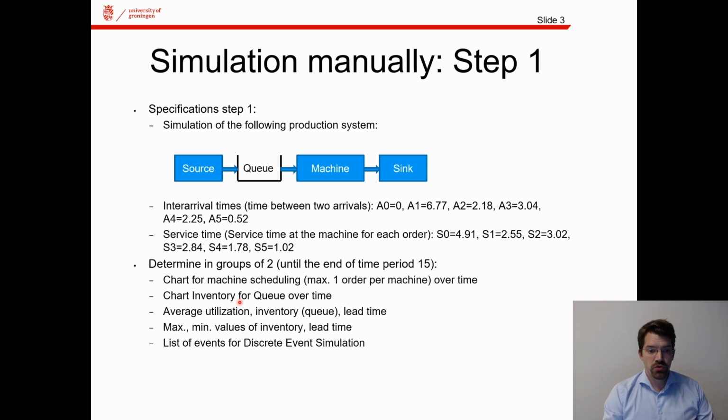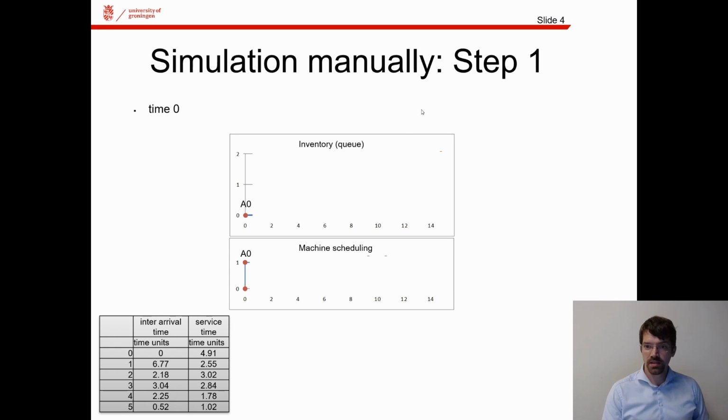And based on those two charts, I'm going to calculate the key figures, average utilization, the inventory of the queue, the lead time, and the corresponding maximum and minimum values for the inventory and the lead time. And of course, I'm also going to provide the list of the events happening in our simulation. So then let's get started.